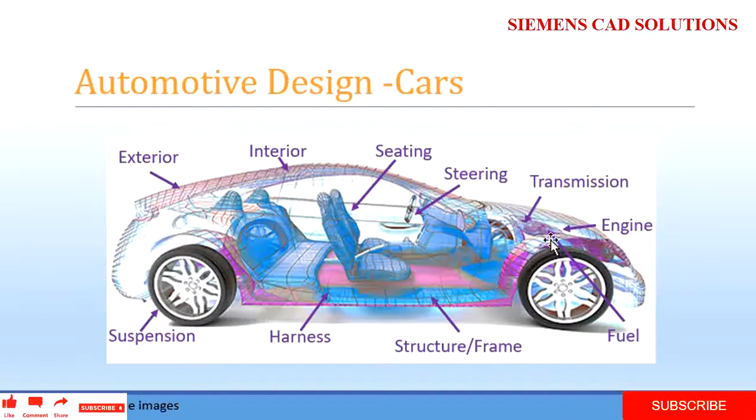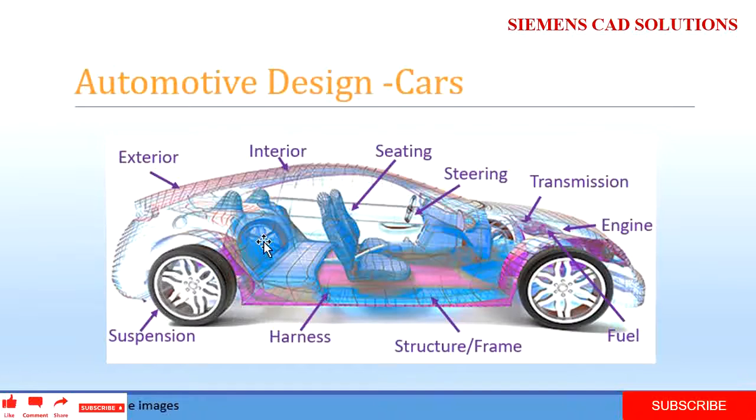Transmission, we will have rear clutches. The engine system will produce the power. Fuel supplies fuel from the fuel tank. Structure is also the chassis area, which is related to BIW. Harness is the control system. Most vehicles now have sensors, so the control system depends upon the harness.